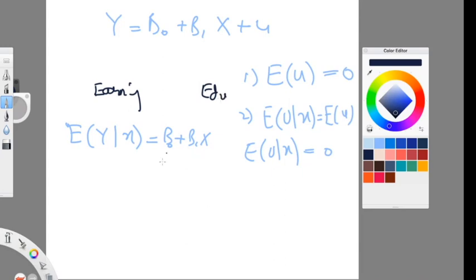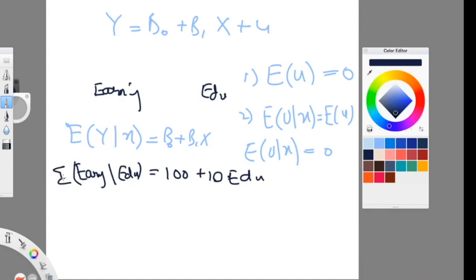Let's pose some values over here: beta naught is 100 plus beta 1 is, let's say, 10. And then you have education over here. So what we're saying is that the expected value of earning given any amount of education would look something like this.